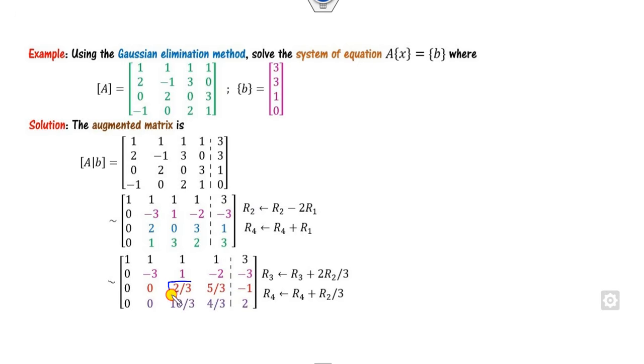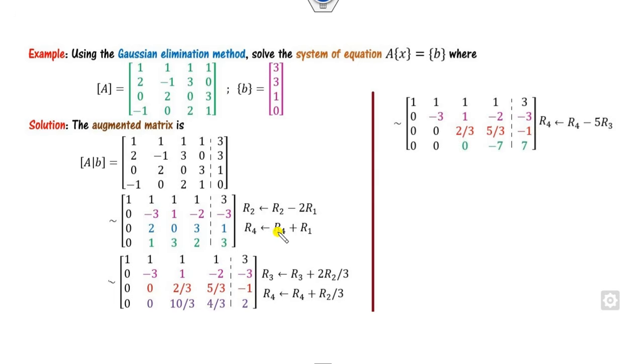Now make this value a diagonal, because there is a value here. Now you can preserve the first 3 rows and you can find this value. You can see this value will be 0. Now you can see how you can find this number. It's 8 upon 9 minus 50 over 9 divided by box element. So it is minus 42 over 9 into 3 over 2.